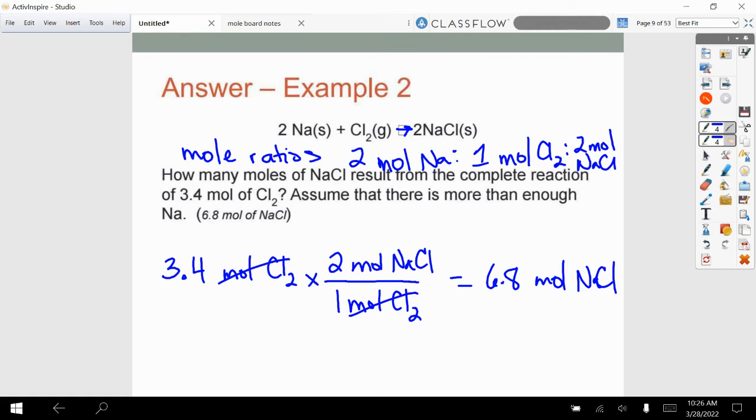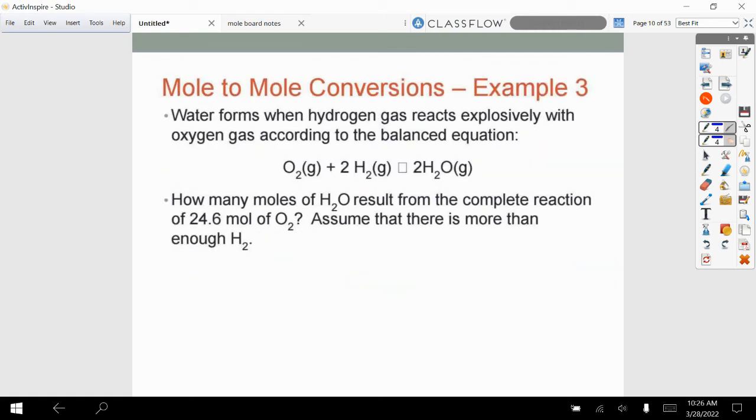Okay, let's go ahead and do another example. If we are looking at the formation of water, again our mole ratios or our relationships would be 1 mole of O2 for every 2 moles of H2 for every 2 moles of H2O.